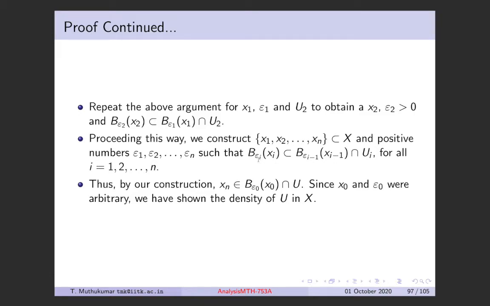So xn is contained in the ball of radius epsilon n minus 1 at xn minus 1 intersection Un minus 1, and each of these has the inclusion in the bigger set, and so xn is contained in this intersection, which is B epsilon naught x naught intersection U. Since x naught and epsilon naught were an arbitrary choice, what we have shown is that U is dense in X. Right, so this intersection is non-empty is what we have shown. We have picked the xn from this intersection.